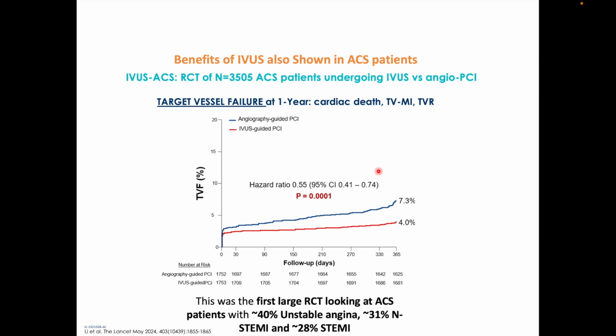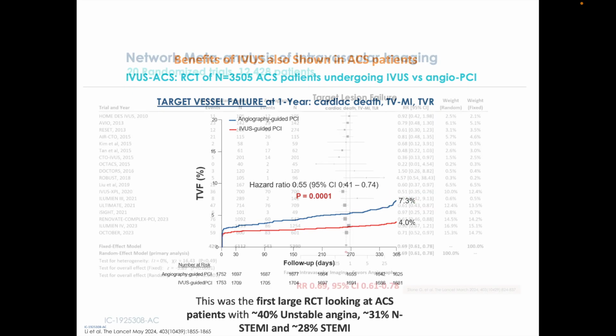Now, IVUS-ACS is a randomized controlled trial involving around 3,505 patients, and this was the first large RCT looking at ACS patients with 40% unstable angina, 31% NSTEMI, and 28% STEMI patients. And again, the target vessel failure at 1 year was much less in the IVUS arm as compared to the angiographic guided PCI arm.